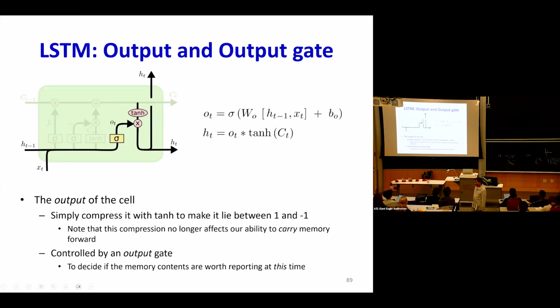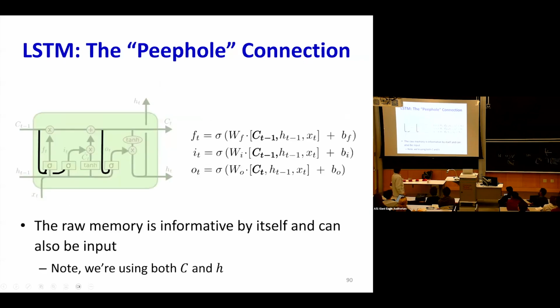And as it turns out, in what seems to be slightly gratuitous, but maybe not, after transforming it, they like to throw in yet another gate to modify the nonlinearly transformed version of memory to scale things up or down to carry this information forward. And of course, each of the gates can look not just at the nonlinearly transformed state and the input, but also what's in raw memory through what is called a peephole connection.